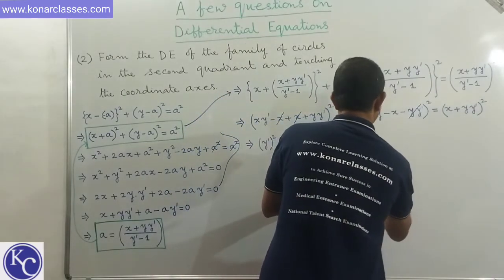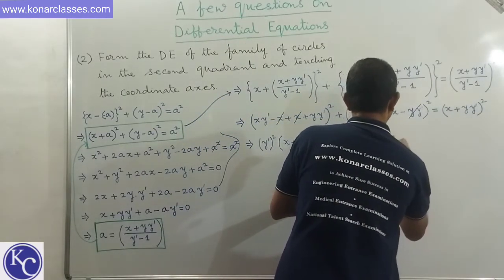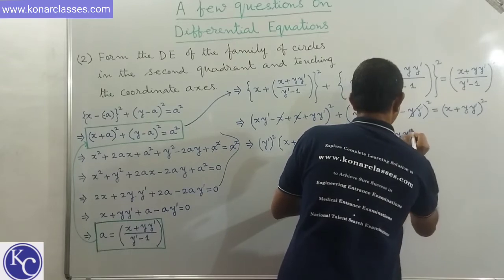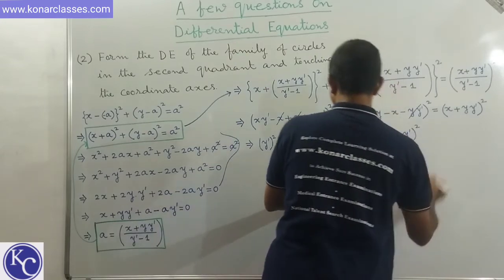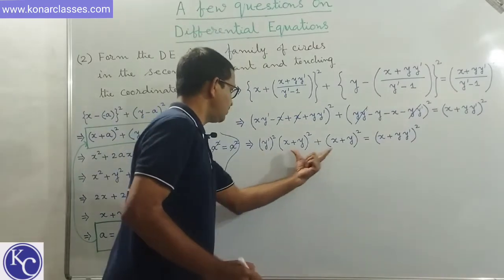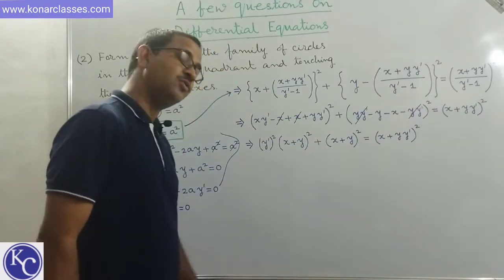In the right hand side, what we get, dear students? (x plus y) into y dash complete whole square. So now from these two, in the left hand side we can take (x plus y) whole square common.